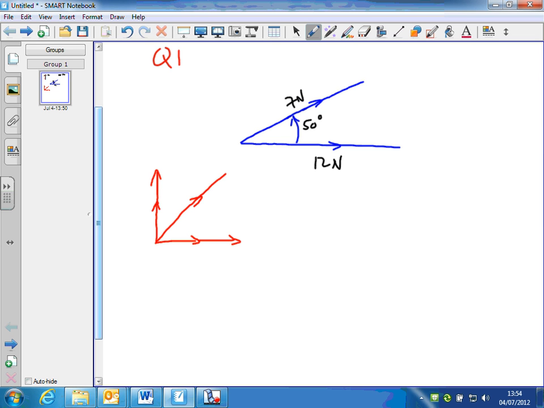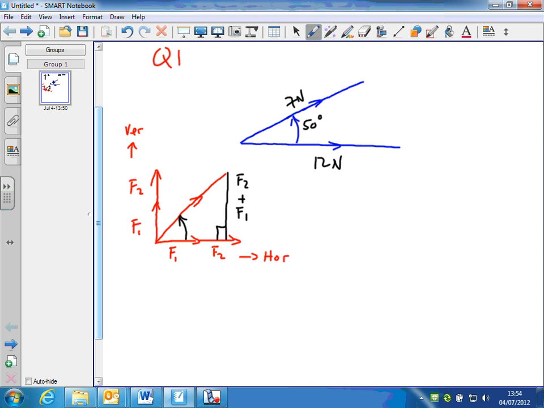So if I've got two forces, F1 and F2, and this is the horizontal, and this is the vertical component of those two forces, then when I add them up, I basically just form a right-angled triangle. So the length of this side will be the vertical component of F2 plus F1, and then I can find, using Pythagoras, what the resultant is, and then using trigonometry what the angle is.